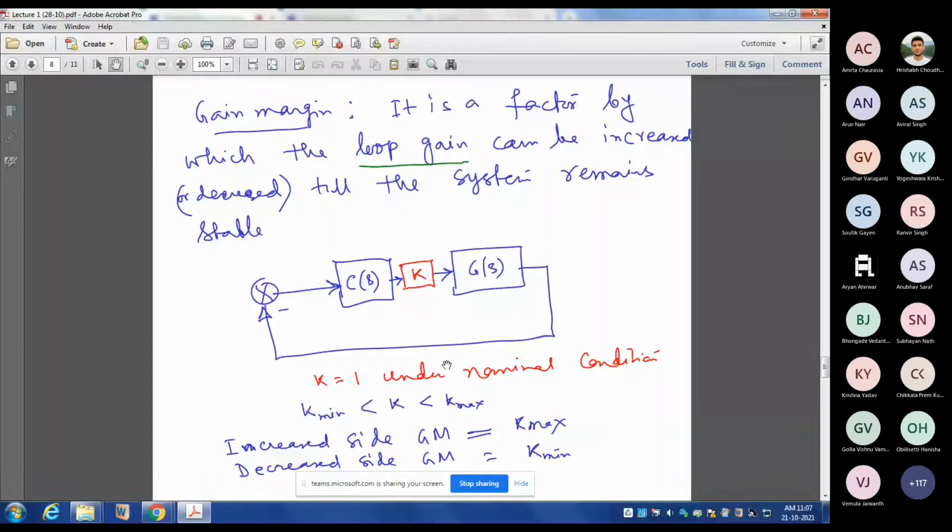The factor by which the loop gain can be increased till the system remains stable is called the positive or upper side gain margin. The factor by which the loop gain can be reduced or decreased till the system remains stable is called the lower side gain margin. I have termed these increased side gain margin or decreased side gain margin. You can also say upper side gain margin, lower side gain margin.